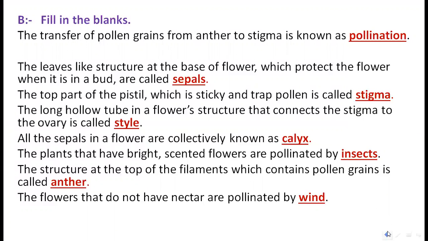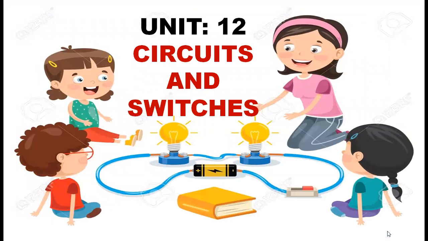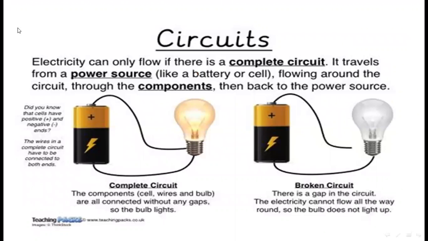I hope you understand. So let's start the next chapter. Unit 12, circuits and switches. After Unit 12, we will revise mixtures and solutions, okay? In a circuit, electricity can only flow if there is a complete circuit. It travels from a power source like a battery or cell, flowing around the circuit through the components, then back to the power source.